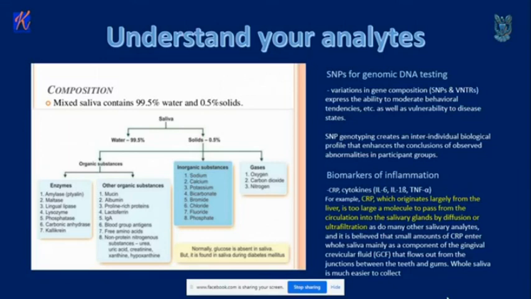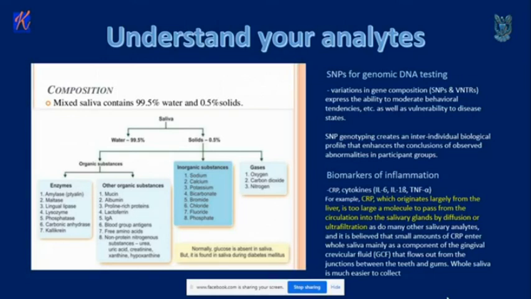Just now I told you that there are different mechanisms by which biomolecules can travel from blood to saliva. But in this example, if I talk about CRP, CRP originates largely from the liver and it is a very big molecule. So it cannot pass from the circulation into the salivary glands by diffusion or ultrafiltration.